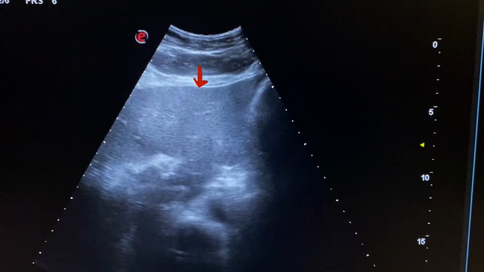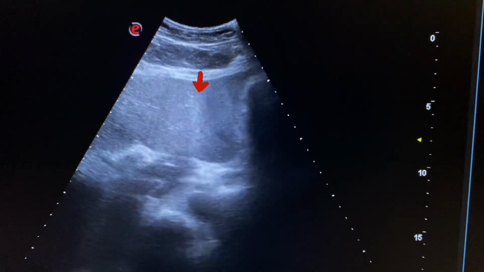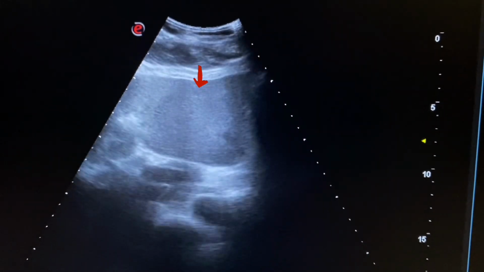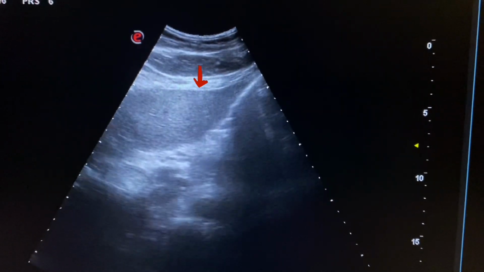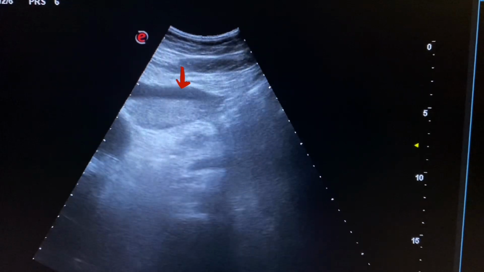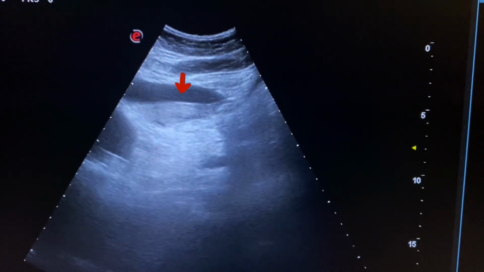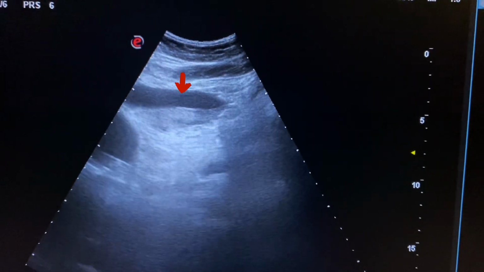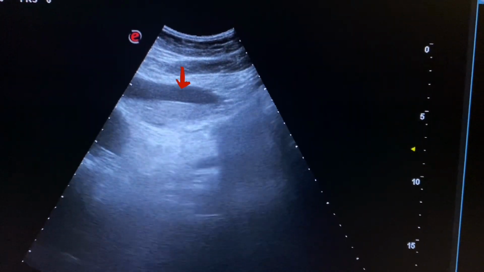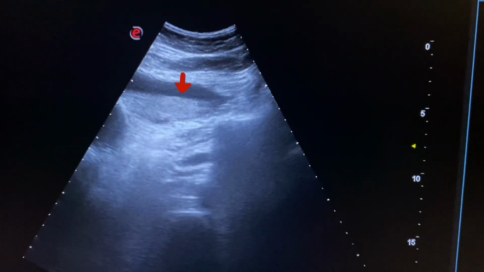Here we see the left lobe of liver, which is echogenic. Here we see fluid or collection around the left lobe of liver.